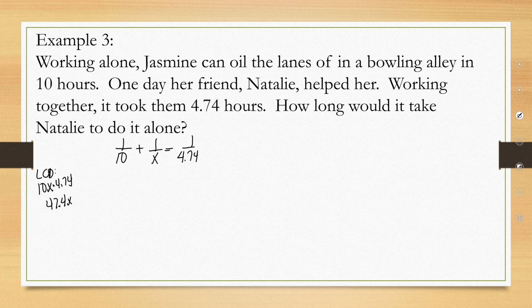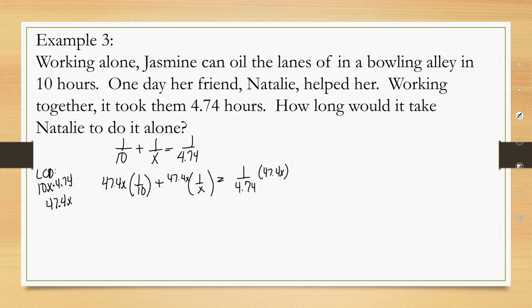So when I multiply through 47.4x by 1/10, and then again by the 1 over x, and then again by the 1 over 4.74, we'll be able to simplify each of these little bits of info.